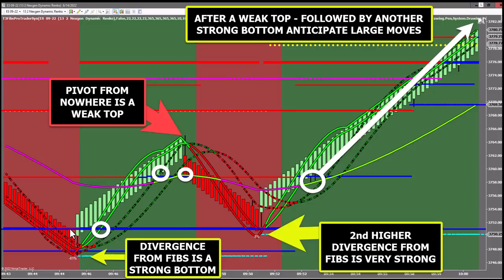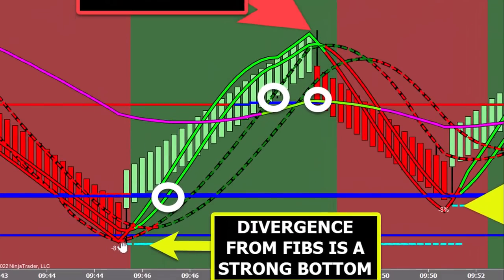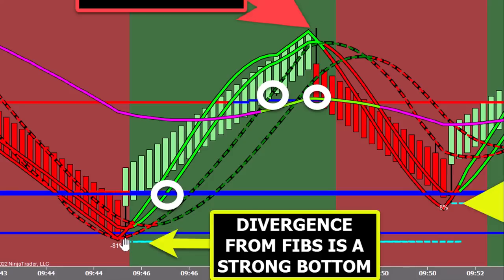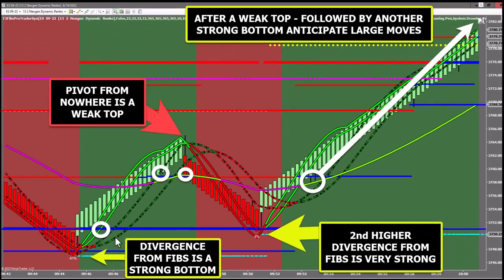And again, it's the ability for you to quantify whether you have a good bottom, such as a divergence from Fibonacci, or you have a pivot from nowhere, which would create a weak top, or if you have a second higher divergence from Fibonacci, which would also create another strong move. So you're going to really start to overlap this higher lower divergence, second divergences, divergences at fibs, divergences inside of triggers.